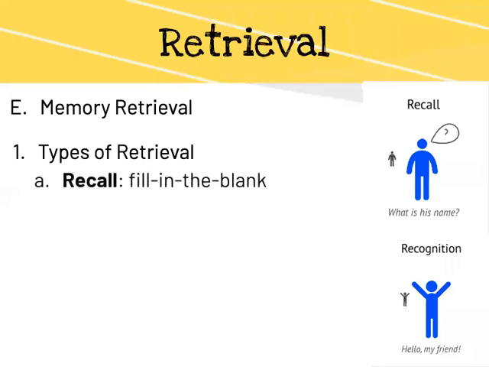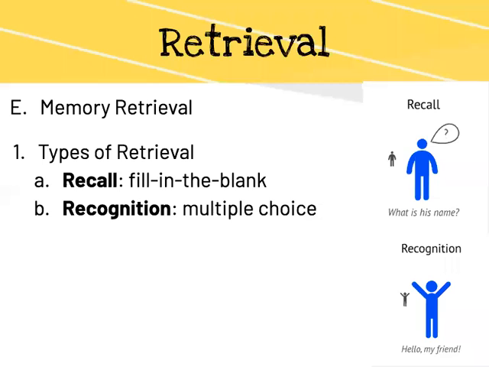Okay, so with memory retrieval, what types of retrieval do we have? The first is recall, and recall is something like fill in the blank. I really like this picture here. If I were to see a person, I would probably recognize their face, but I may not be able to recall their name. It's a lot harder to recall a name than to recognize. Recognition, on the other hand, is multiple choice.